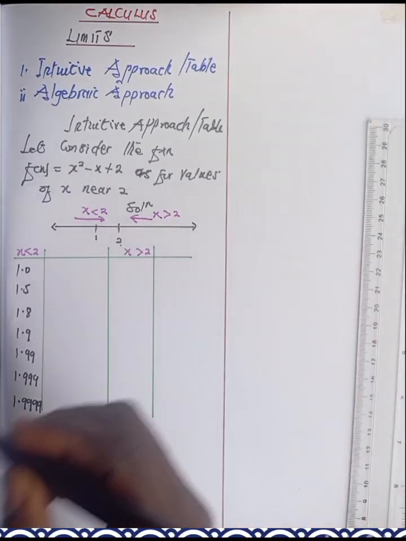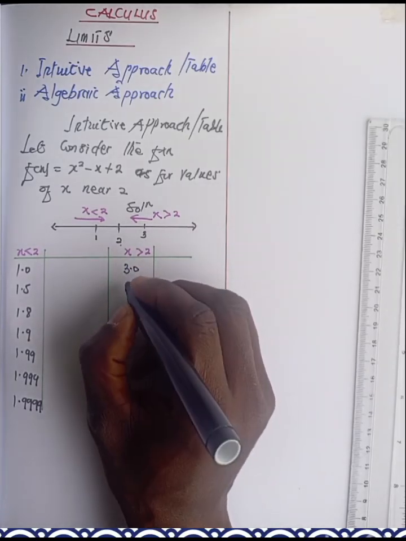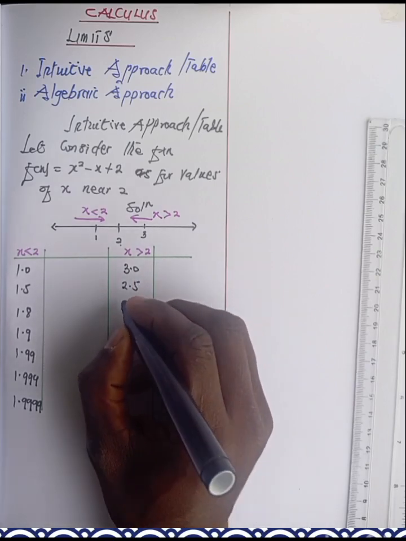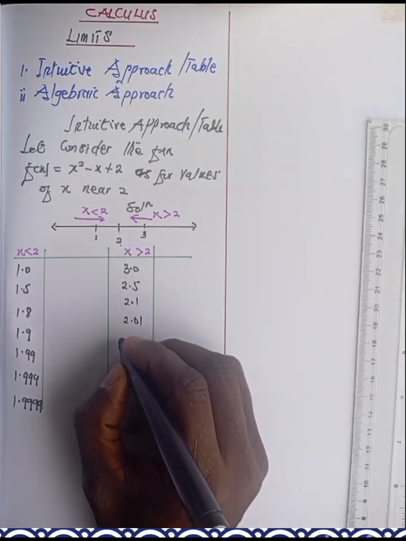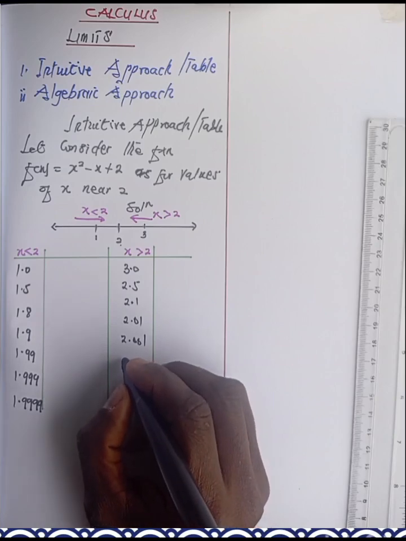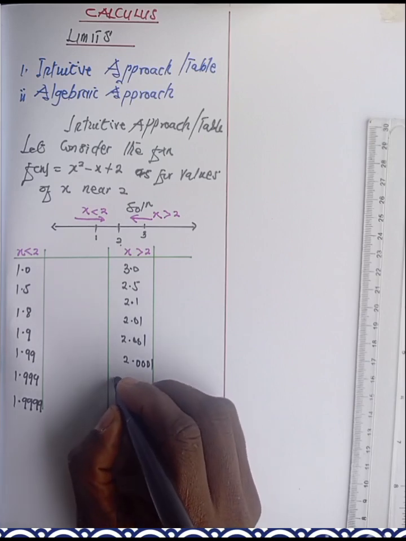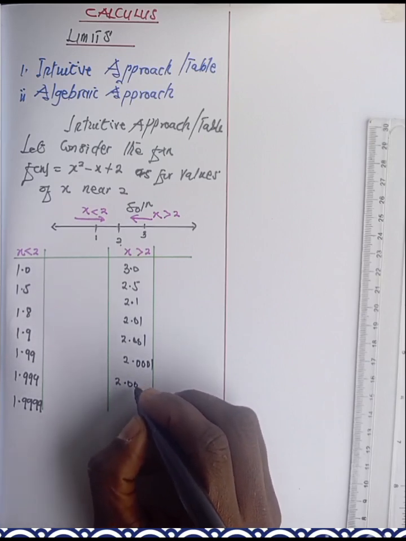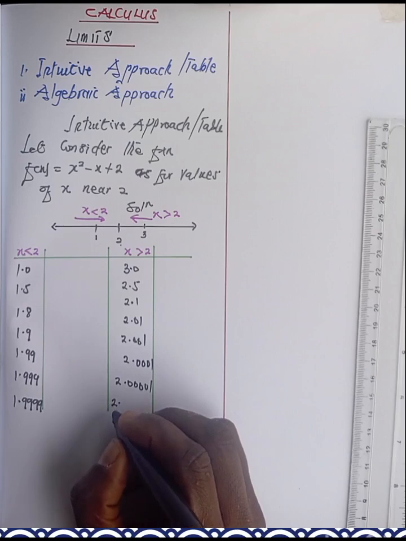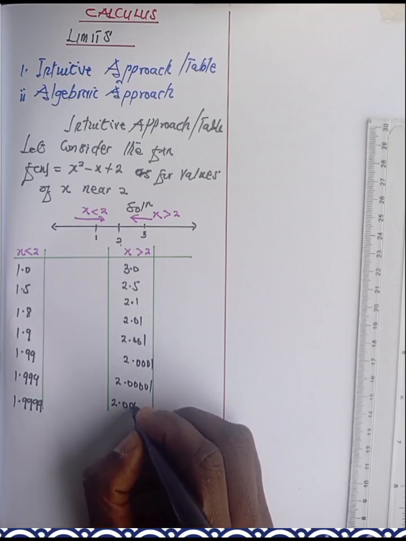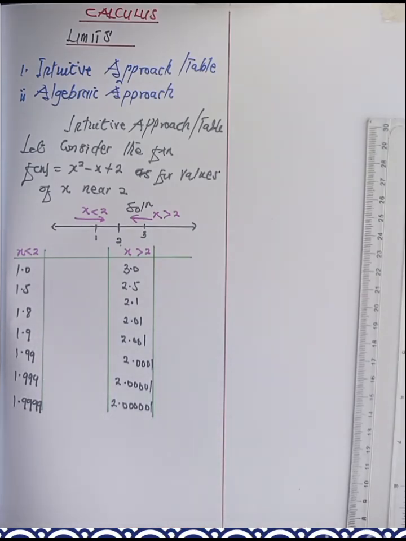If we are having 3 here, we can get values such as 3.0, 2.5, 2.1, 2.01, 2.001, 2.0001, 2.00001, and lastly 2.000001.